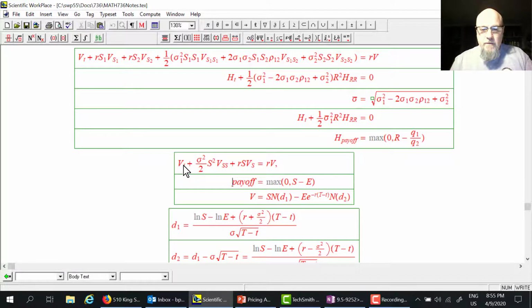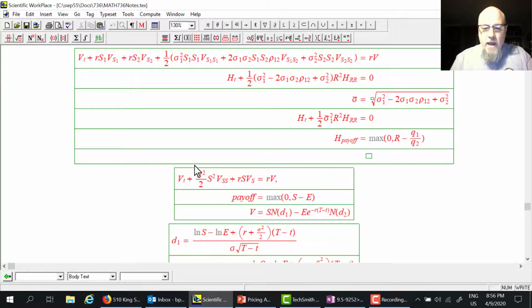We got v of t, h of t, sigma squared over 2, sigma bar squared over 2, r squared, s squared, second derivative, second derivative. We're just missing these pieces here. It's like if I set r equal to 0, it's like a call, right? Where the asset is the S or the R up here, the strike price, the E, is the Q. So we have a solution for this.